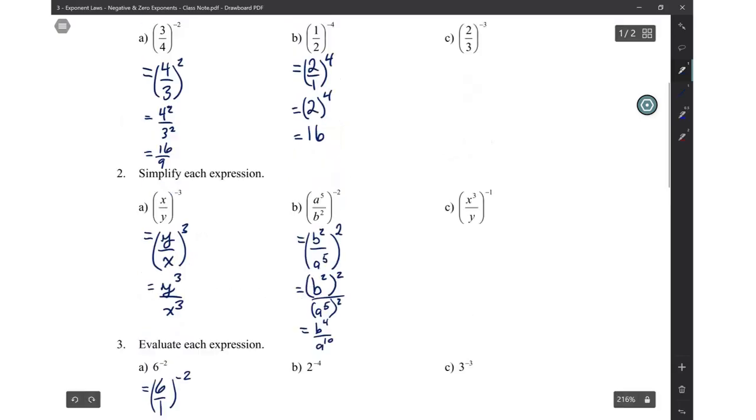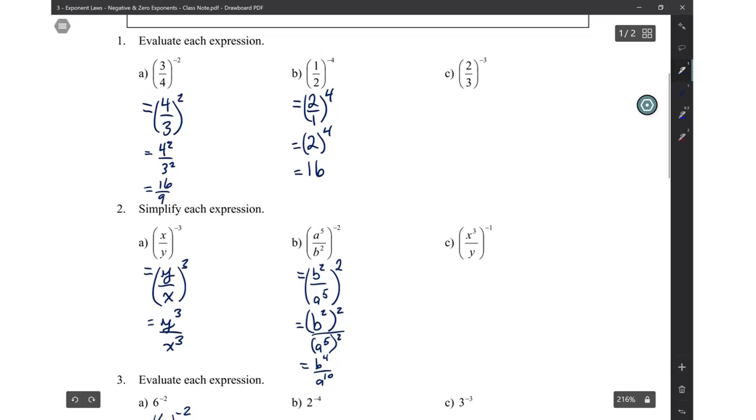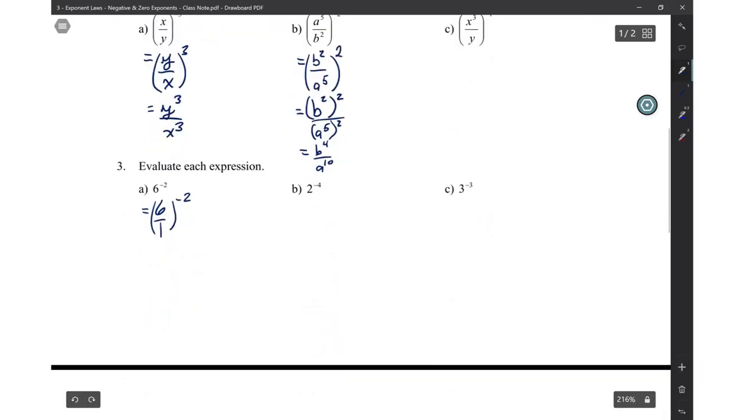Well, this looks just like our questions in example 1, where we can flip our fraction, take our negative out of the exponent, and work as we have before, leaving us with 1 over 36.